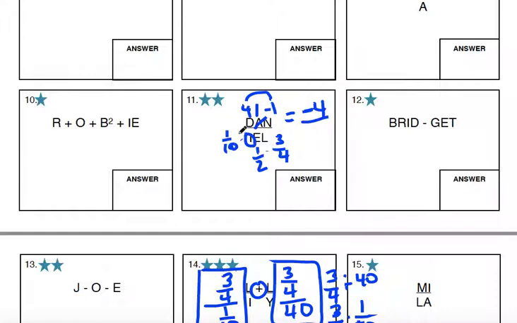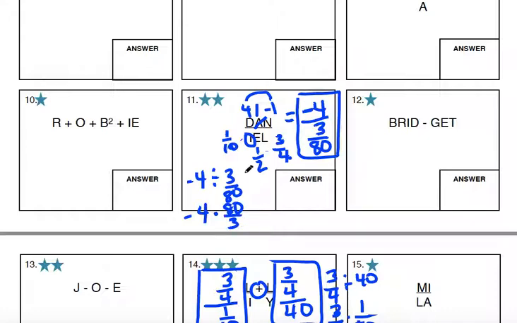When we're multiplying, we're just going to multiply the numerators. 1 times 3 is 3, and then 10 times 2 times 4 is 80. So we have this wonky looking fraction, but I'm just going to rewrite that as -4 divided by 3/80, which is the same thing as -4 times 80 over 3.